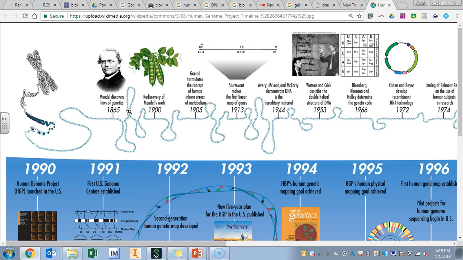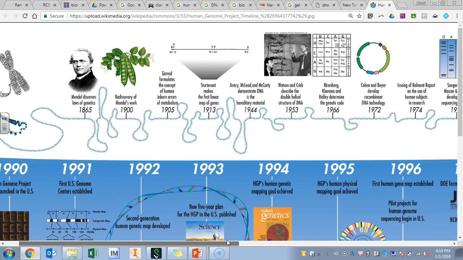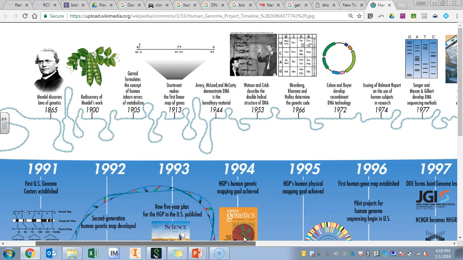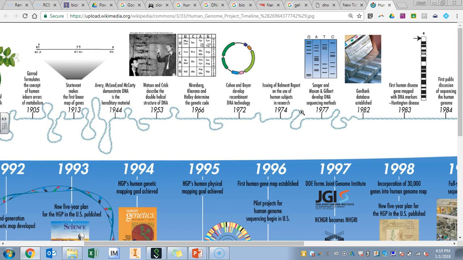I think I mentioned this to you before, that his work had been forgotten about. It was rediscovered in the early 1900s. And some work was done, which led later to the development of technologies to discover the structure of DNA, which was done in 1953, credited to Watson and Crick. Remember, Rosalind Franklin was not originally given credit for that.